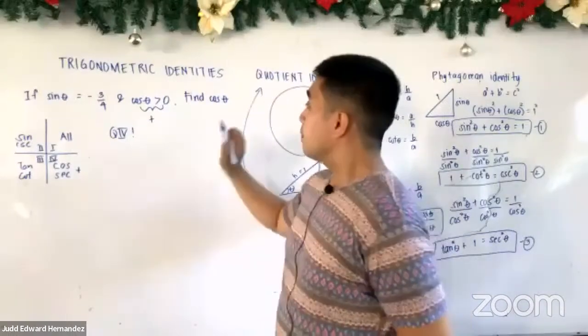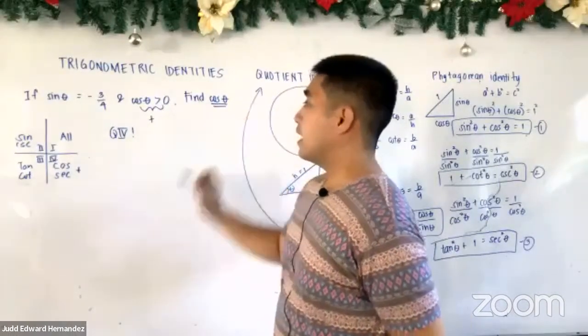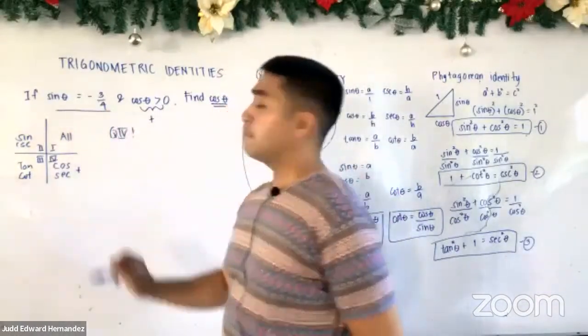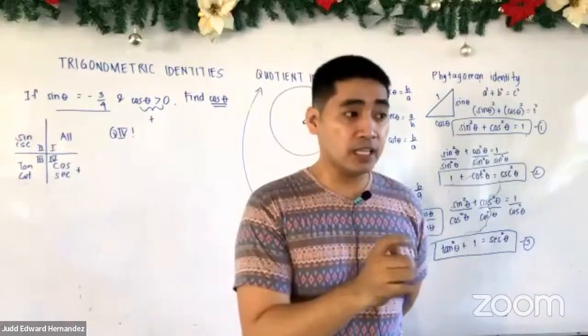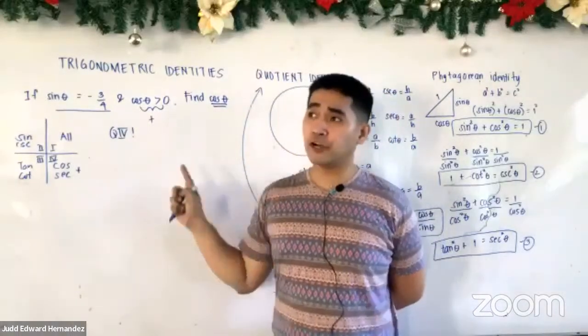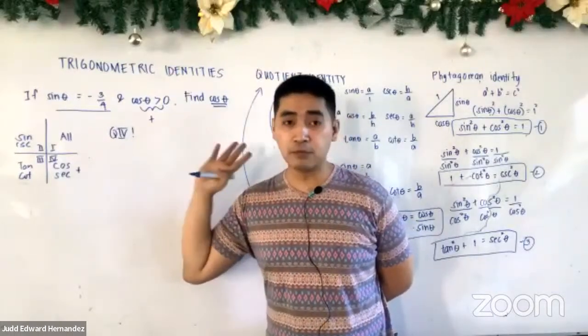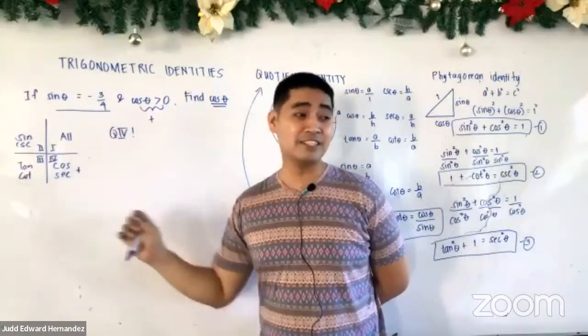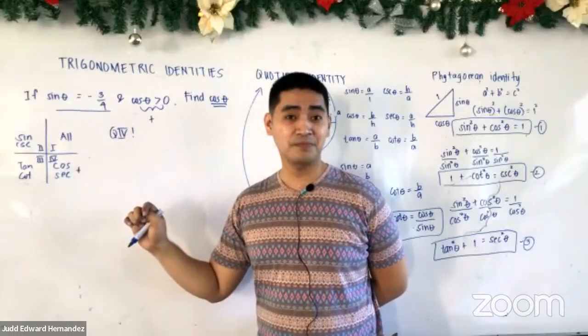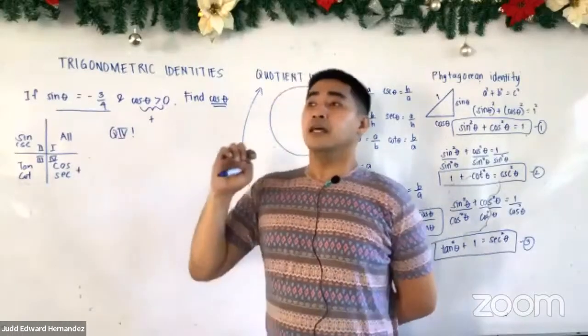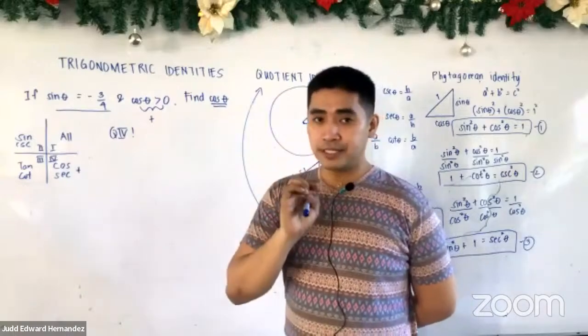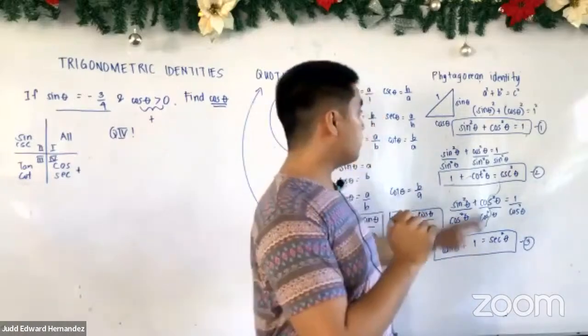So, pinapahanap sa atin si cosine theta. We know sine theta. Using Pythagorean identity, pag before kasi triangle yung ginagamit natin, tama ba? Nakapagsagot na tayo ng ganito eh, but we are using a triangle. Yes or no? Yes po. In this case, we will not anymore be using the triangle method. What we'll be using is the Pythagorean.